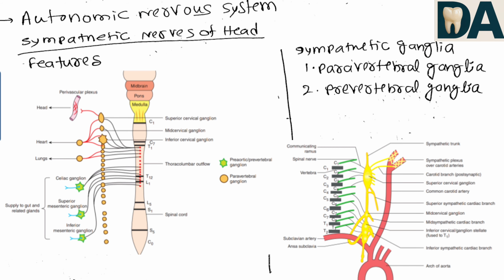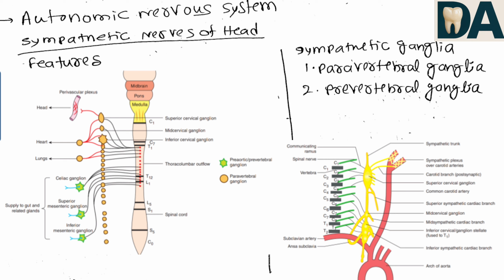Sympathetic ganglia. Ganglia of the sympathetic nervous system are called sympathetic ganglia. Two groups of ganglia are identified on the basis of their location within the body: paravertebral and prevertebral ganglia. One is paravertebral ganglia.